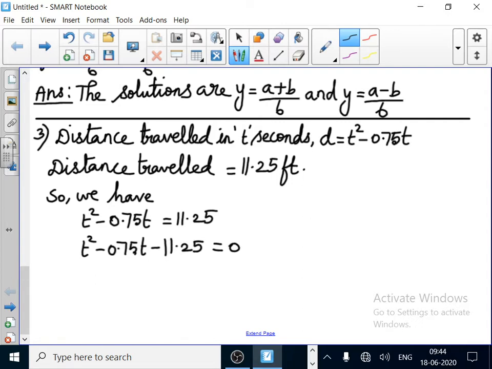Here in the coefficient of t you are having 2 decimal places, and in the constant term also you are having 2 decimal places. So multiply the full equation by 100.